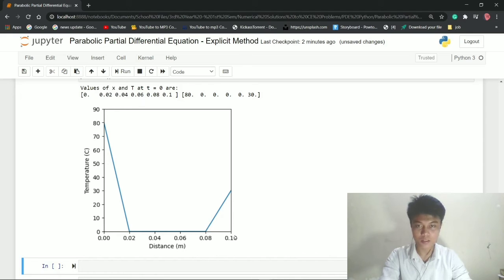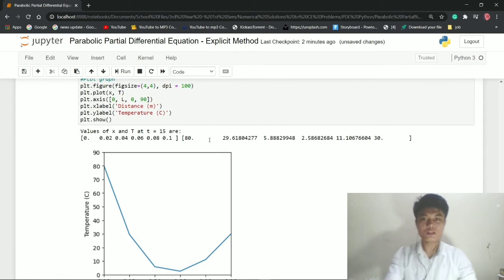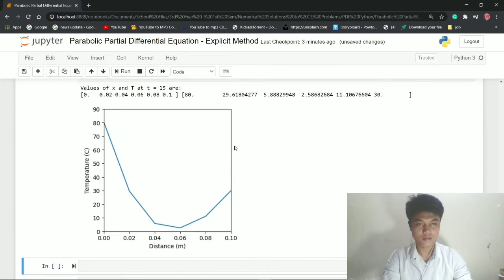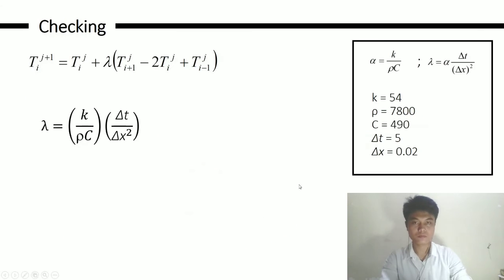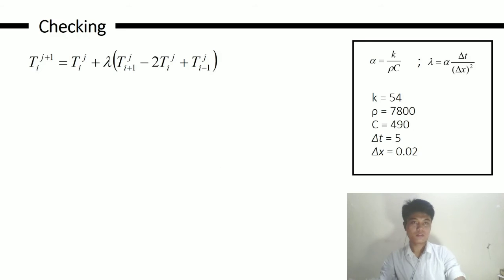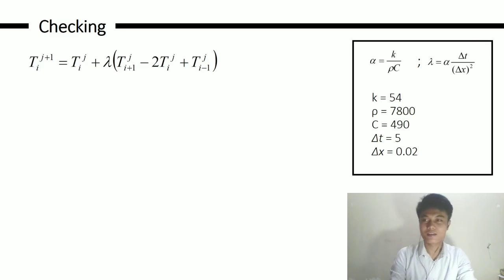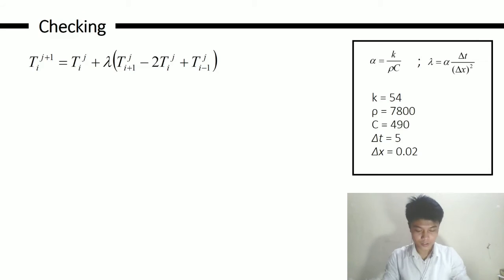Samantalang yung ating boundary is at boundary condition pa rin, 80 degrees Celsius tsaka 30 degrees Celsius. So, paano natin ma-prove na tama itong coding natin? So, check natin kung tama itong ating code, di ba? Mano-manong check. So, ito yung ating equation.